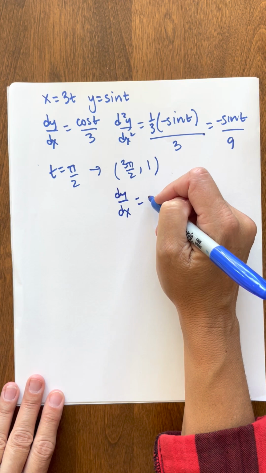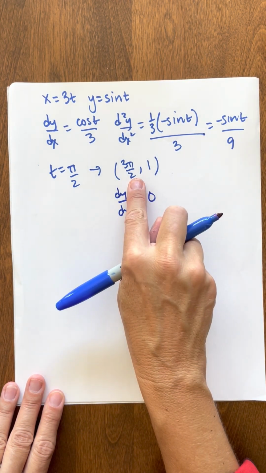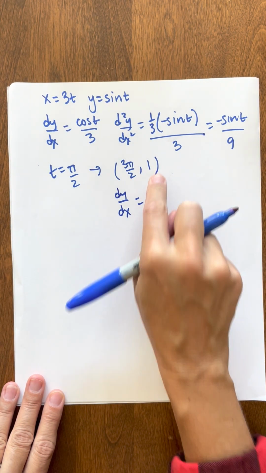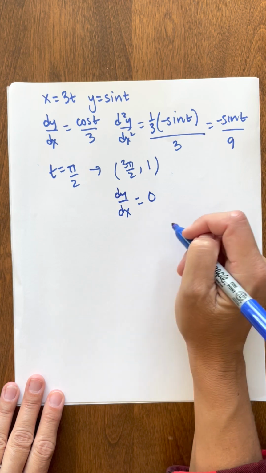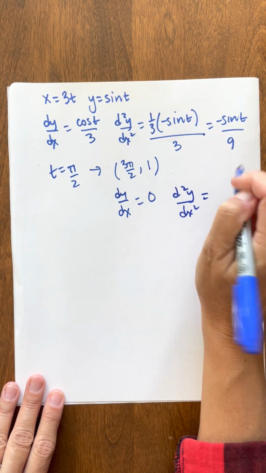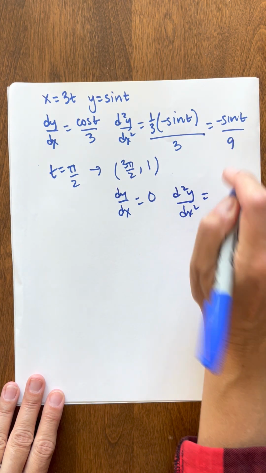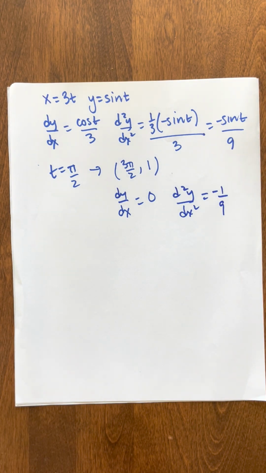Cosine of pi halves is 0. So if I have a slope of 0 that goes through this point, the equation of my tangent line would be y equals 1. I could also find my second derivative, which would be negative sine of pi halves, so -1 over 9, which tells me that this graph would be concave down.